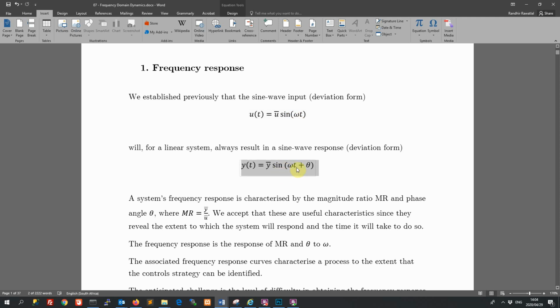That output sine wave will have the same frequency as the input sine wave, but there may be some shift in time for that output sine wave. So if we apply a sine wave at the input, it may take some time before we're seeing a pure sine wave at the exit side, but it will still then exhibit the frequency omega.